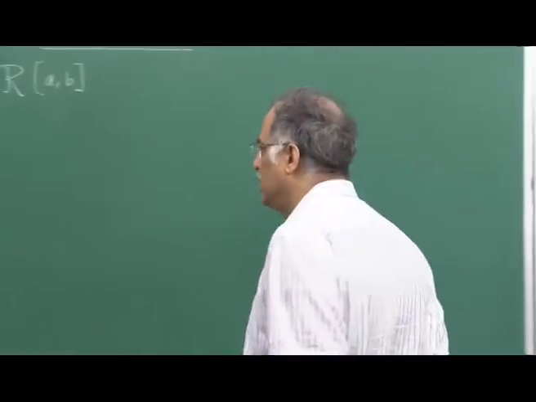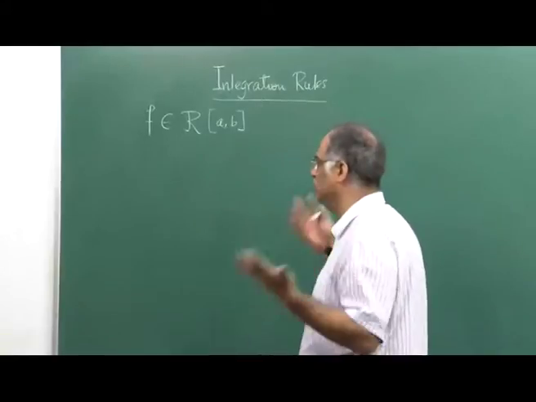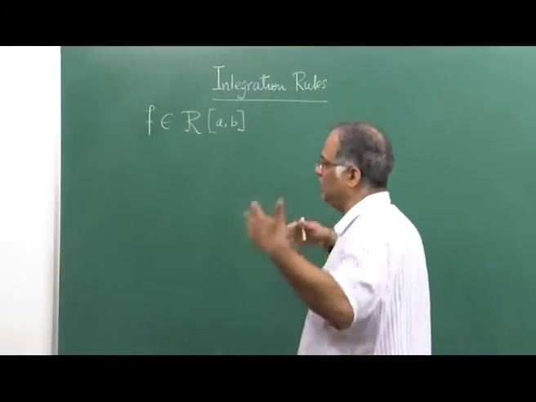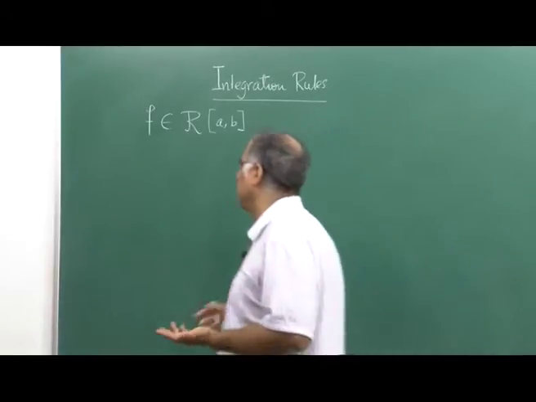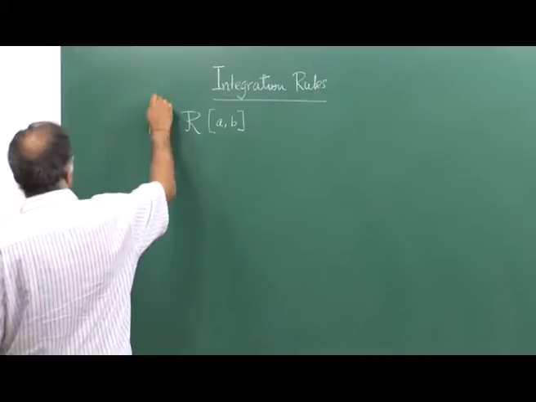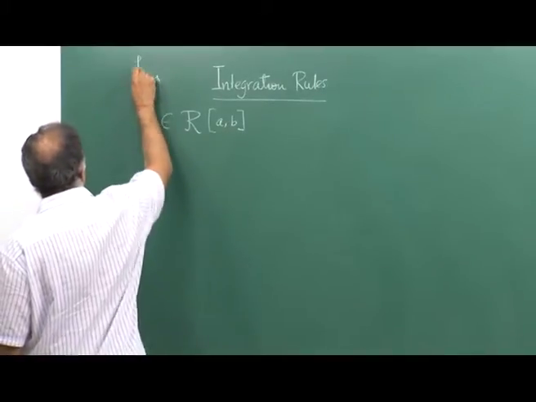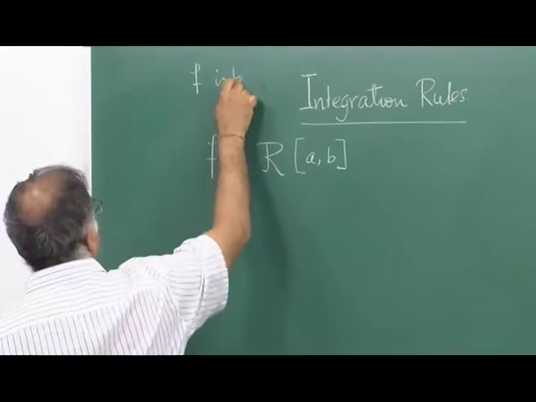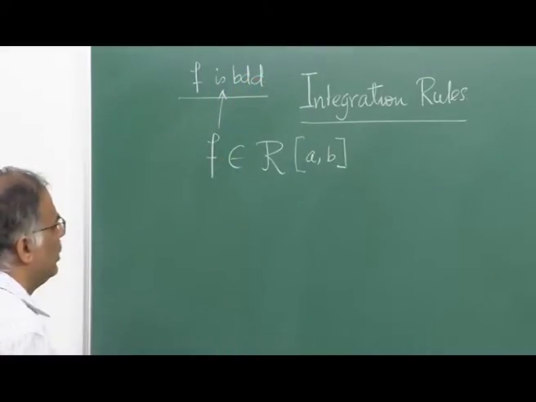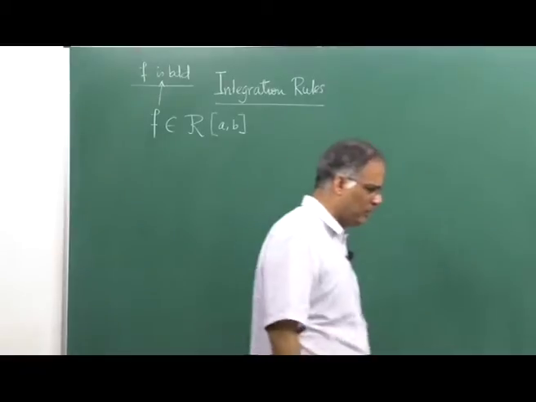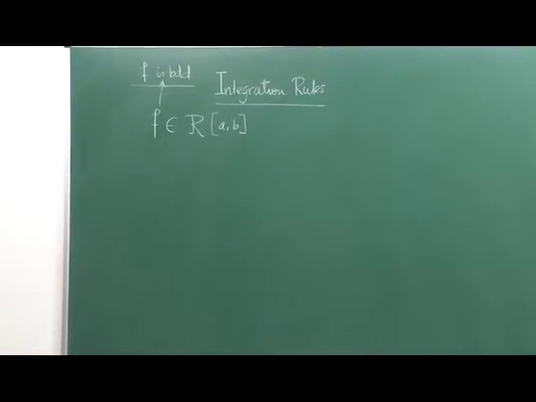I am not saying it is something unbounded and then trying to prove that f is bounded. Obviously, you can do that, but that is not what we do here. So, this simply means f must be bounded, BDD for short. f is bounded and Riemann integrable. This is the collection of bounded functions which are Riemann integrable.